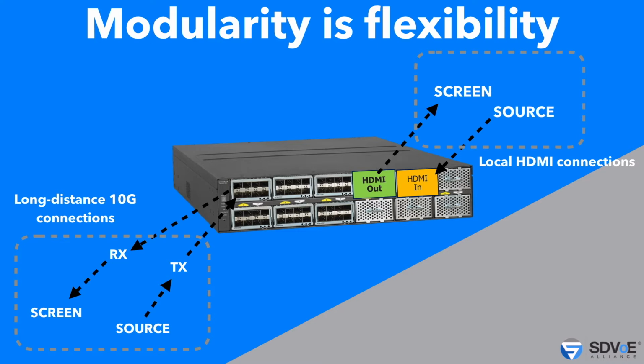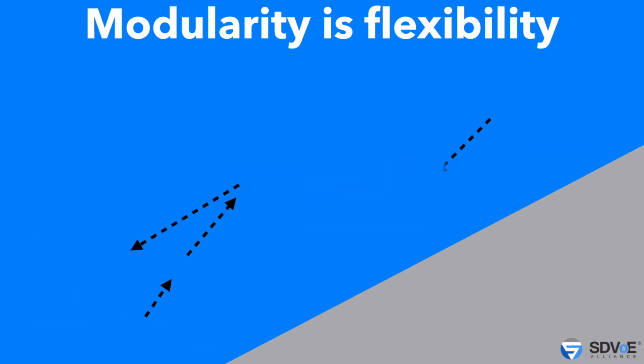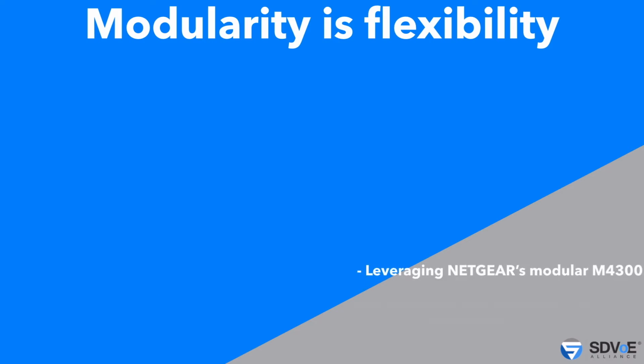So what's great about the SDVoE Alliance is that manufacturers in the group can work together. So here we have Netgear, who's worked with a couple of our different manufacturers, and those guys have put out a new card for Netgear's 4300 Ethernet switch, right?